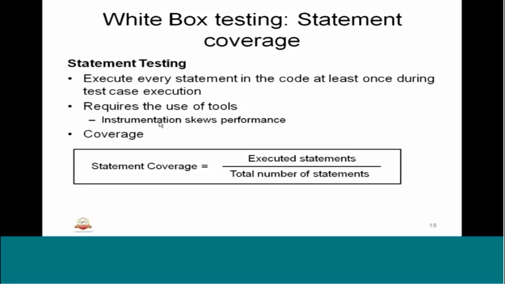That mechanism is called instrumentation. Instrumentation skews performance. That means instrumenting the existing software in such a way that all the statements are executed at least once. With the help of that tool, we will be able to do it.